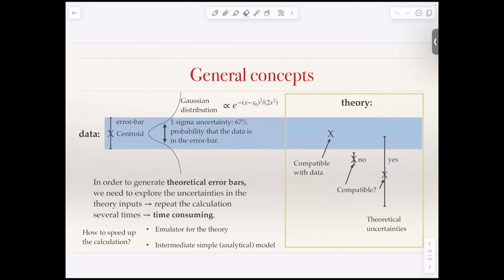Or another way is you could say, okay, I have a model which is quite complex, but I will replace it by a simpler model, an analytical model, which I understand better and which is faster, and in which I can introduce in some ways the uncertainty due to the model.